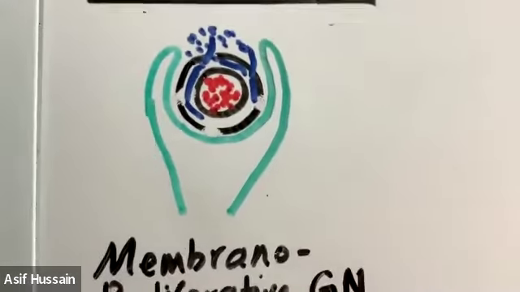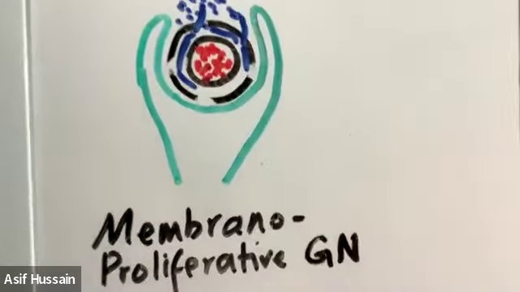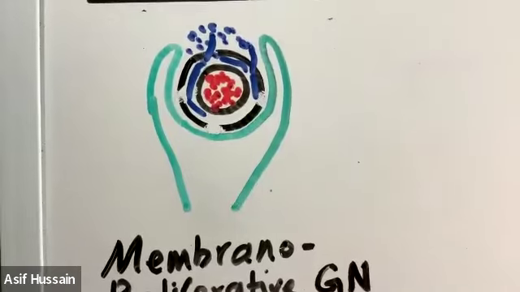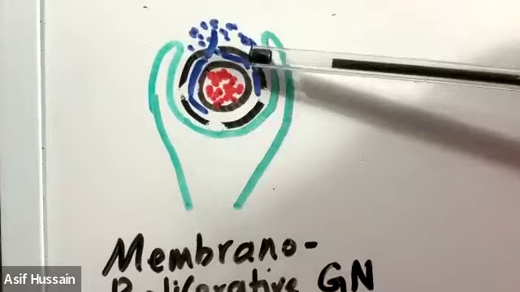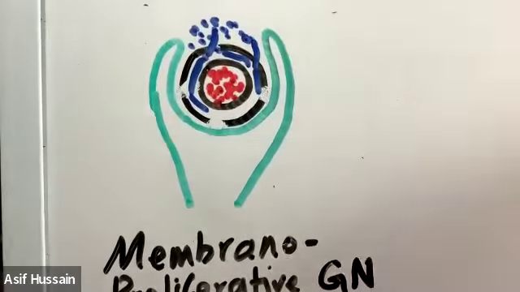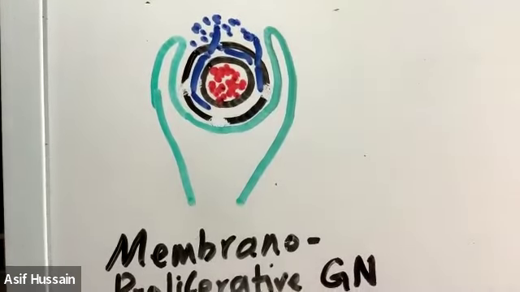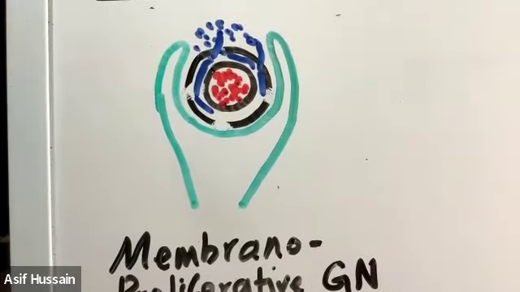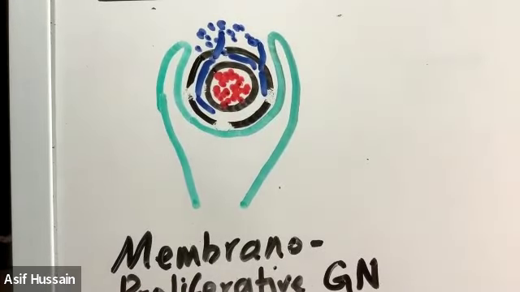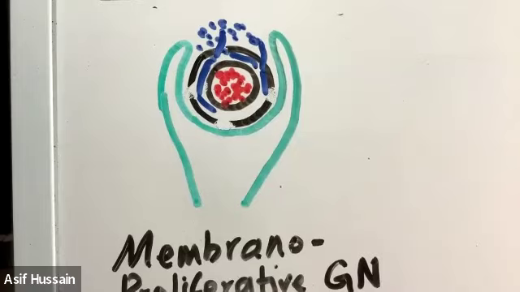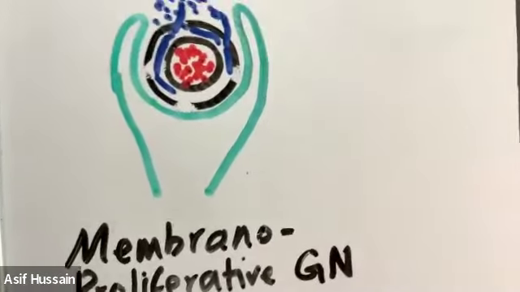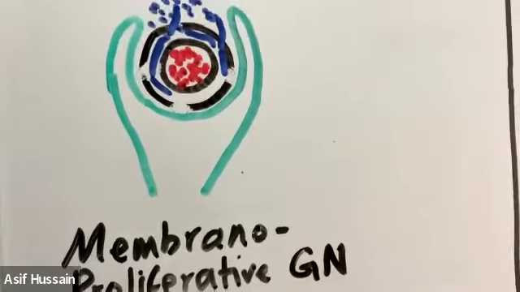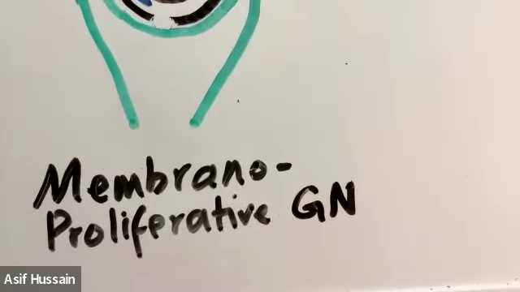In the membranoproliferative, because both these phenomena of proliferation and membrane splitting are happening together, the mesangium actually starts entering into the basal membrane and splits it into two or multiple layers. This multi-layering of the basal membrane is called tram-track appearance or splitting of the basal membrane. So this is the basic difference of the membranoproliferative.